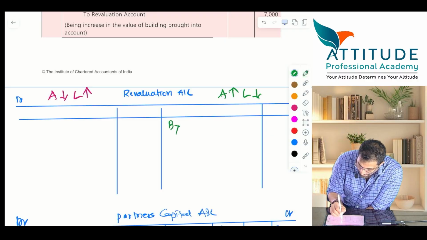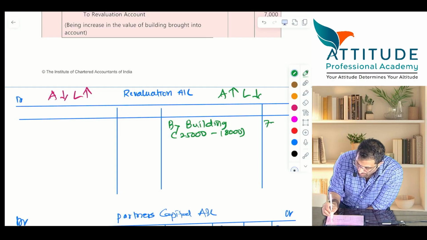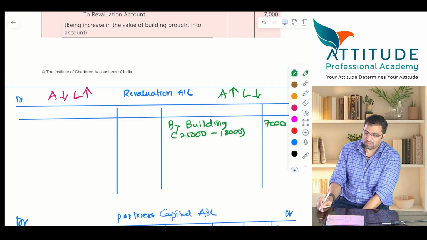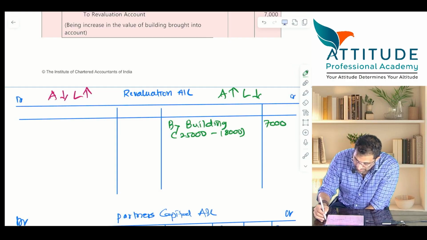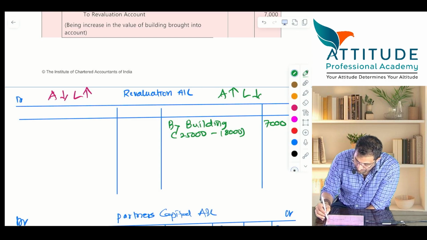Buy building. 25,000 minus 18,000. Outer column how much? 7,000. All of you got it? Yes guys. Next. Rest everything is in red only.